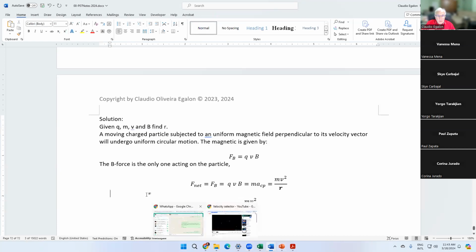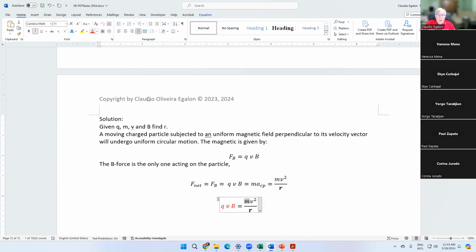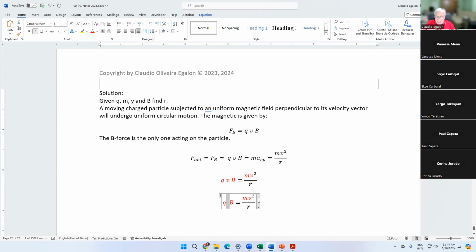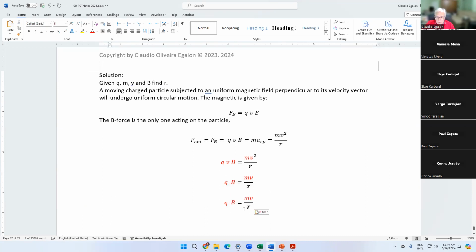We know M, Q, V, B. We do not know R. Next, V cancels out with V, and then we solve for R. That's the type of problem that you might need to solve.